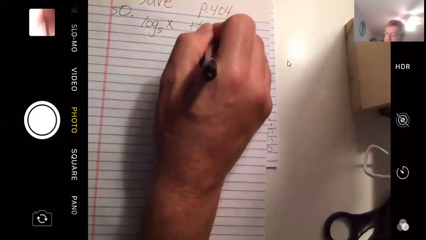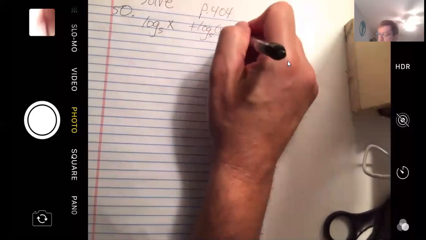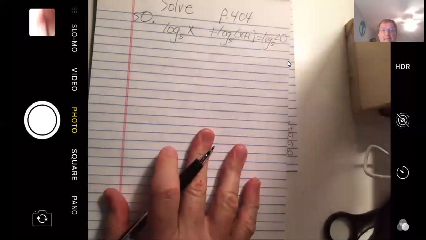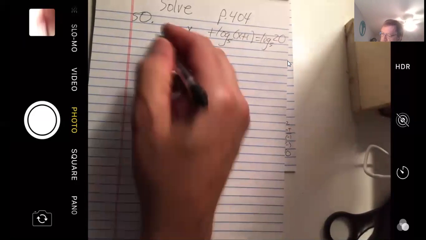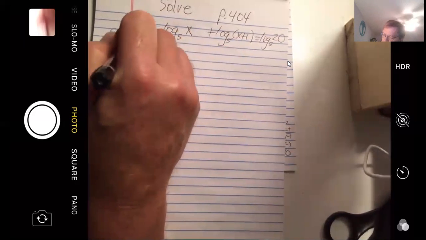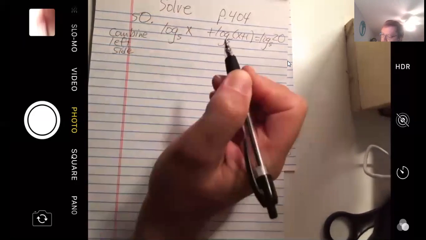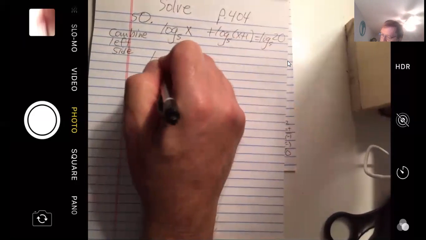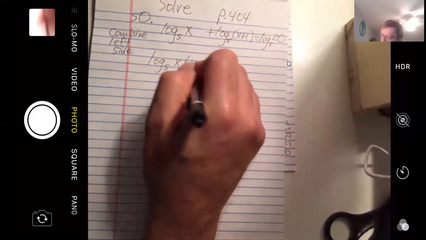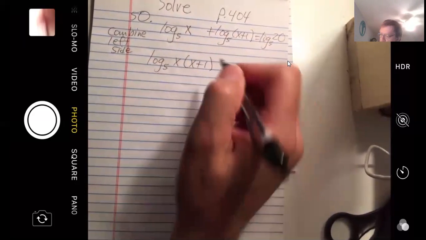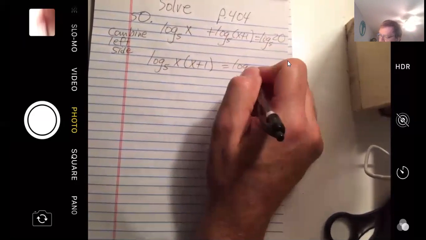Log base 5 of x plus log base 5 of x plus 1 equals log base 5 of 20. Once again, you can combine the left side, making log base 5 of x times x plus 1, equals log base 5 of 20.